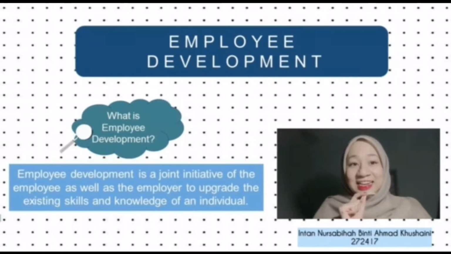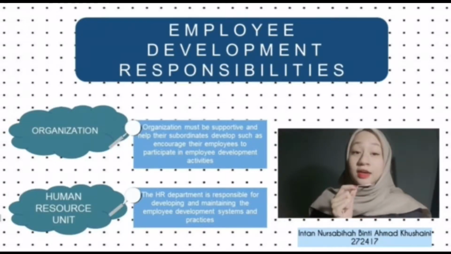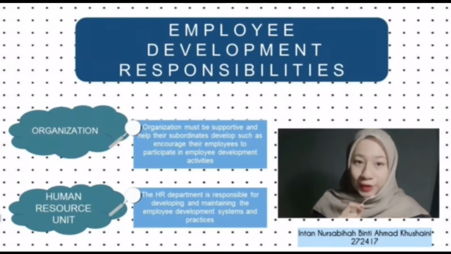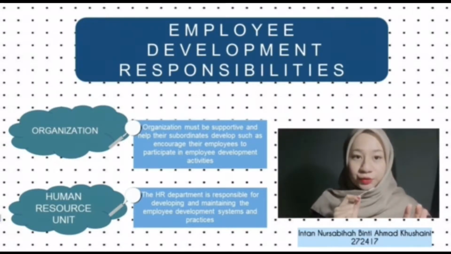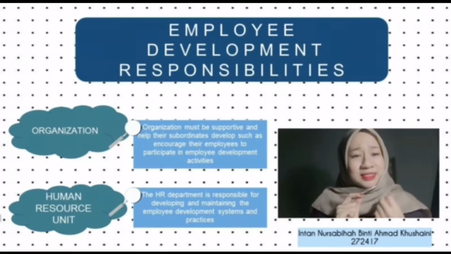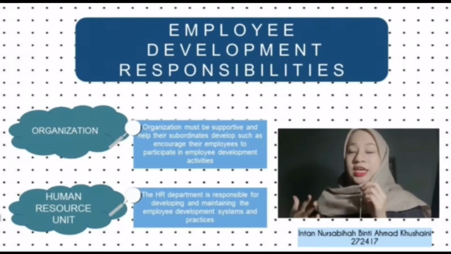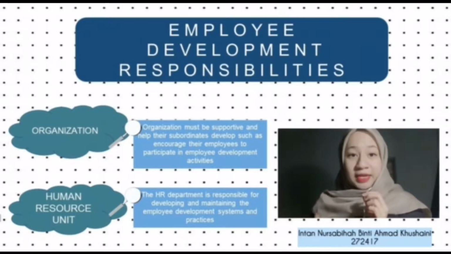And now, let's have a look at the employee development responsibility. First of all is the organization. It is important that the organization reflect the importance of employees' development in everything they do. Top management must be supportive and help the subordinate to develop, such as encourage them to participate in employee development activities.